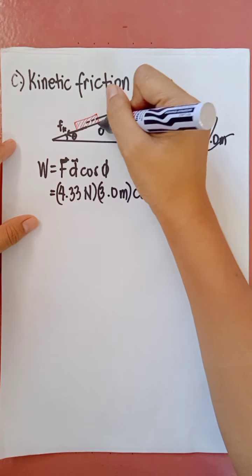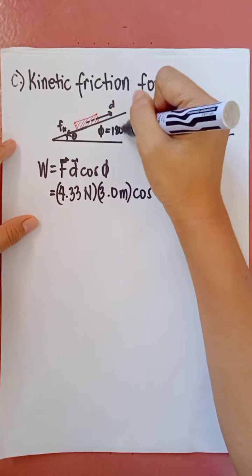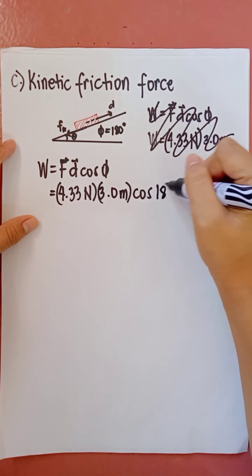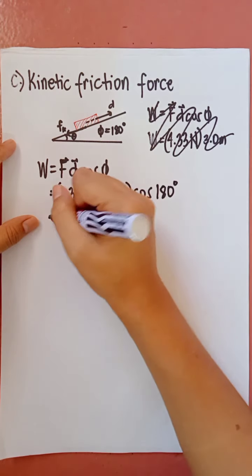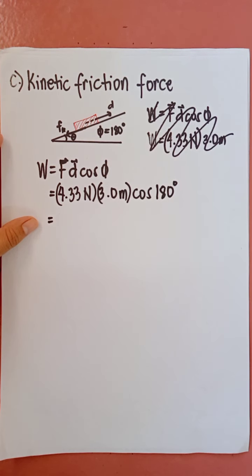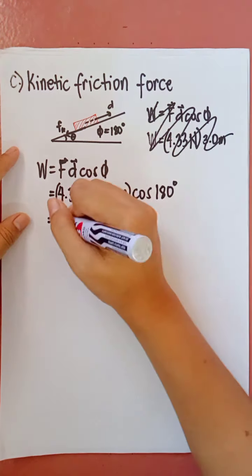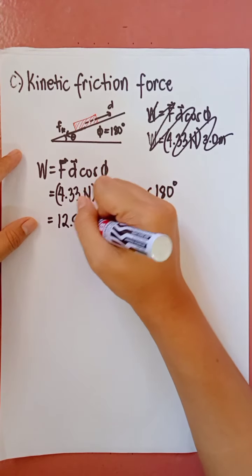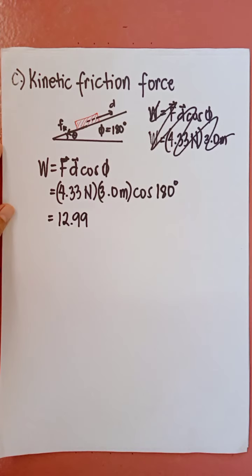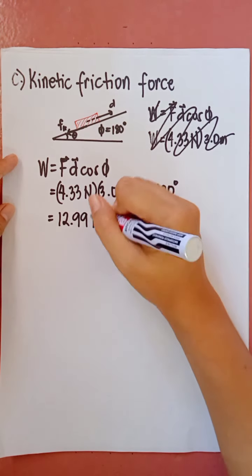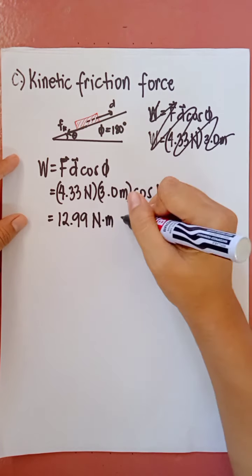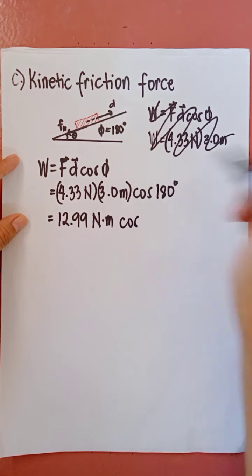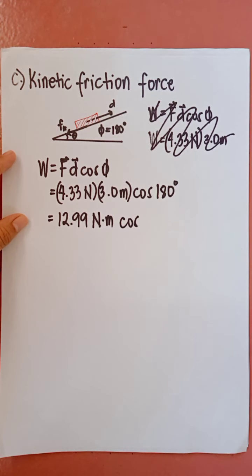Cosine phi is 180 degrees. Okay, so 4.33 newtons times 3 is 12.99. That can be rounded up to 13. What is cosine 180?